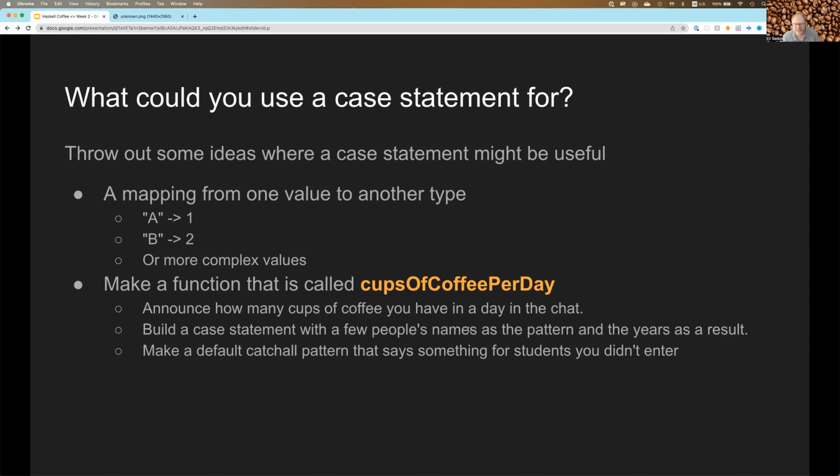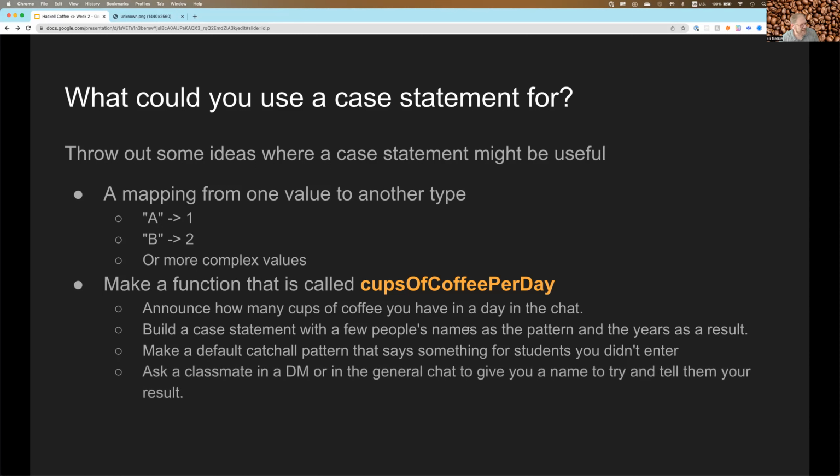So you might enter 42, like Matthias says, or you might enter 3. So what I'd like you to do is then direct message a classmate and have them give you a name. And if that name is one of the ones that you entered in your statement, it'll give back a number.